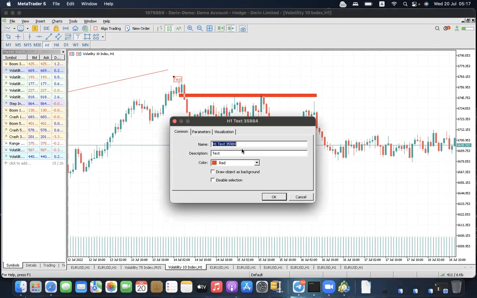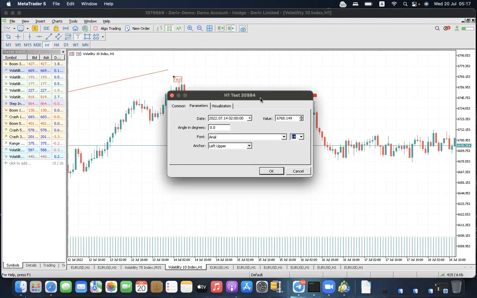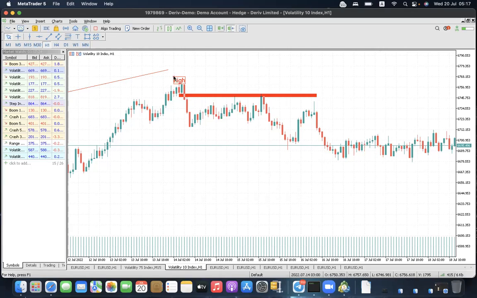Even though we created a high here, the move that we had going in a strong downtrend, it also left us with some gaps.